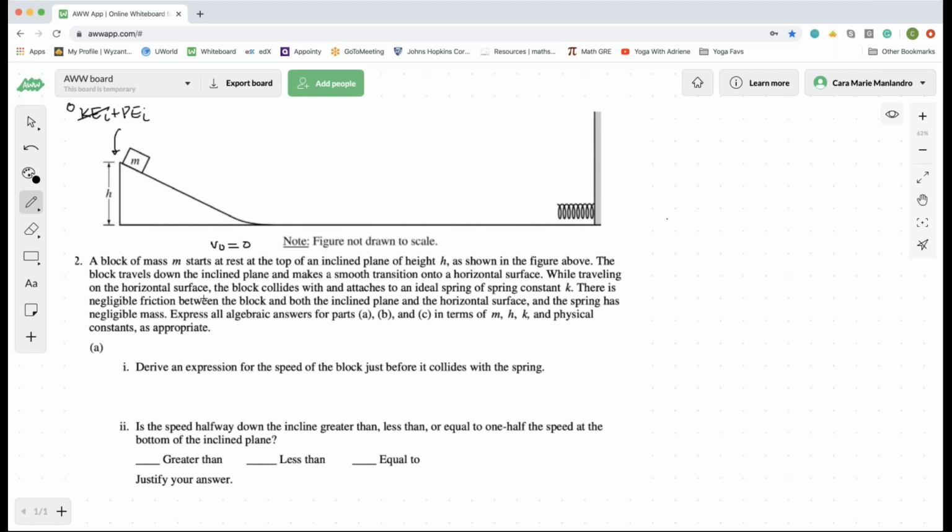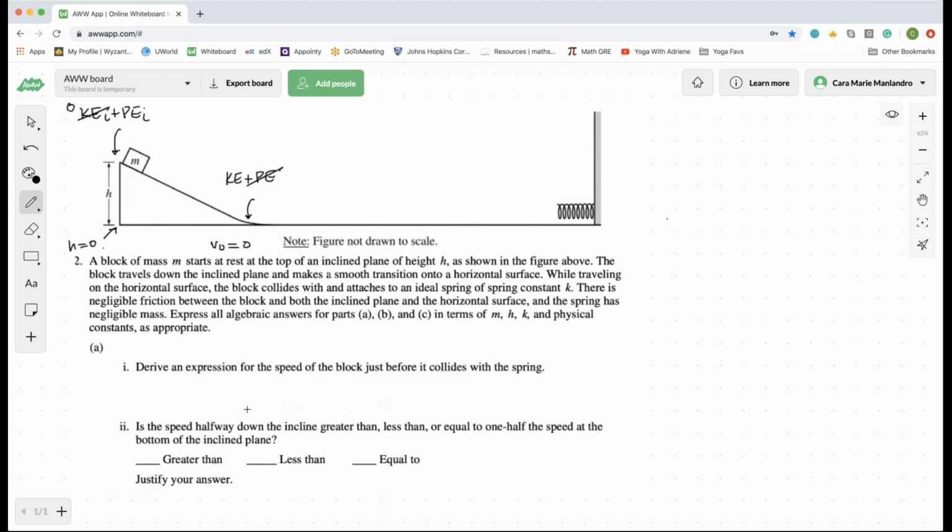We have this at the top of an inclined plane. The block travels down the plane, makes a smooth transition to a horizontal surface. At this point, I have kinetic energy and potential energy, but my potential energy is now gone because I'm going to define h as 0 here. So I only have kinetic energy. Then we're going to go across the surface, collide with the spring, and that's that.